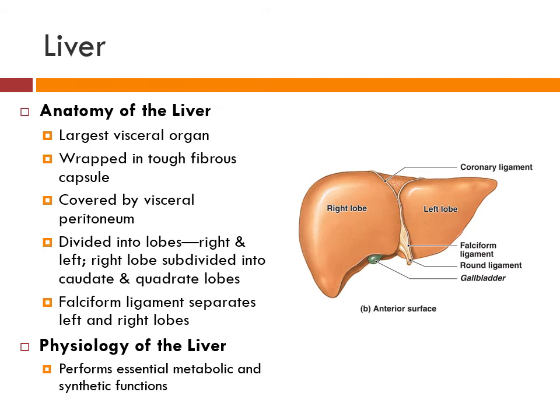So there are two additional lobes, one about here, one about there, and they are the caudate lobe and the quadrate lobe. The liver is performing essential metabolic and synthetic functions in our body.